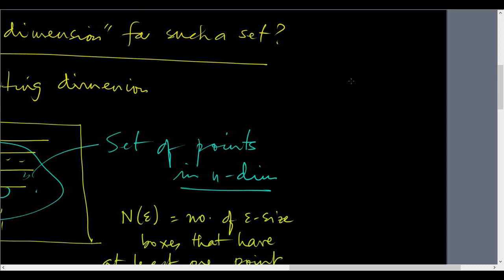So for example, let's say we are in 2D, but we are looking at this curve here. What will happen is the slope makes a difference, but not much of a difference. I'll get boxes over here which will include points and so on, and all of these boxes over here will not include points.